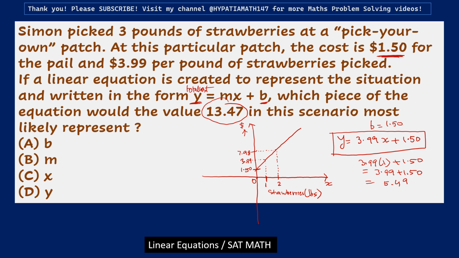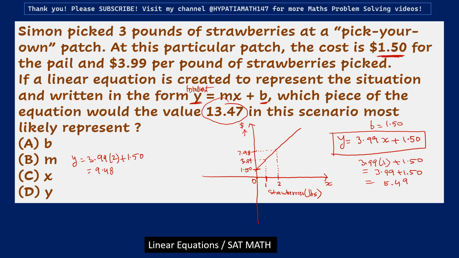What happens if you are picking 2 pounds of strawberries? y would be 3.99 times 2 plus 1.50, so they would pay 9.48.